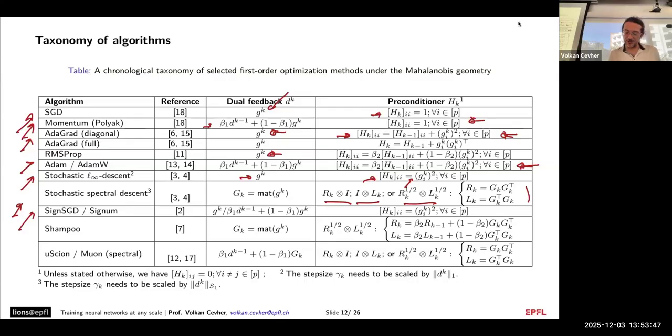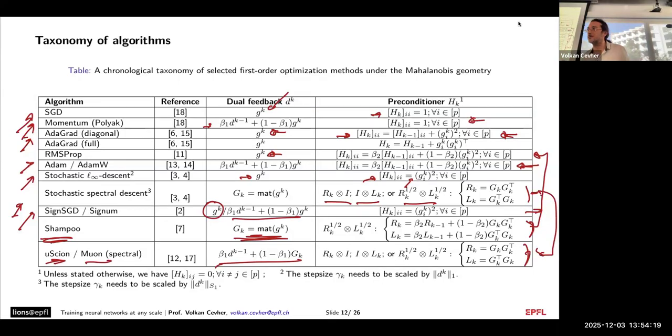Then came signSGD, same as stochastic L-infinity descent. You use either the stochastic gradient or the momentum estimator. Shampoo uses the stochastic gradient, does the same type of idea as RMSprop and Adam does in terms of averaging. Unconstrained version, or Muon, uses the momentum estimator and uses the same type of nonlinear preconditioning, left and right. All of them are equal here.